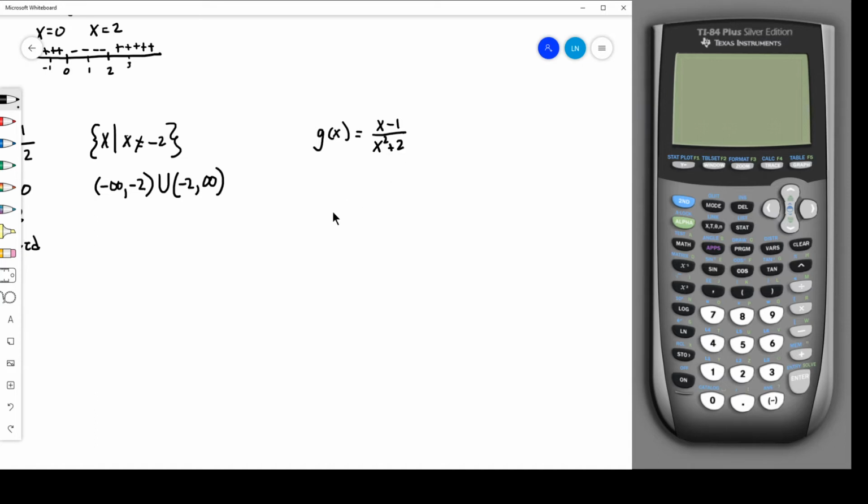Well, when I take x squared plus 2 out and I try to solve it, I have an issue. Again, remember, we're working in the real numbers here. This has no solution. So because this has no solution, there are no points where the denominator is 0. So in this case, the domain here is indeed all real numbers.